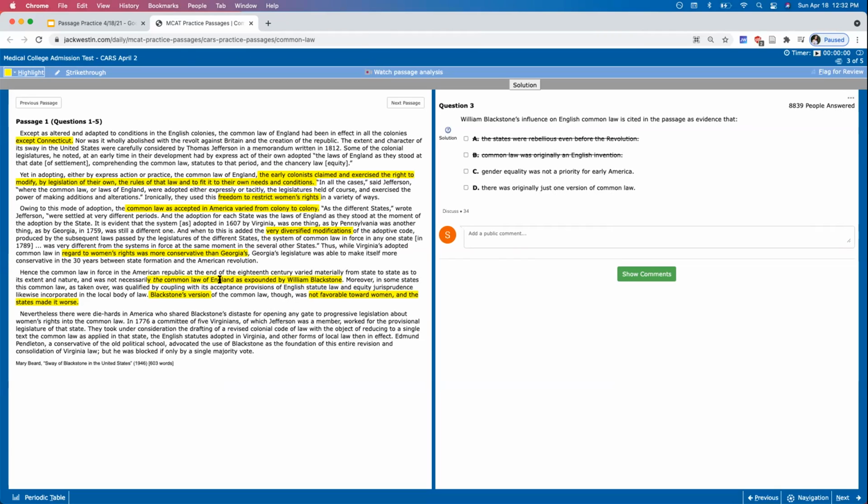It was implied that the common law was expounded by him, and his version was not favorable towards women either. So that's kind of what it's trying to say, that his version wasn't favorable, and then the states took that and made it even worse. So that would be the best answer, saying gender equality was not a priority. Any questions?